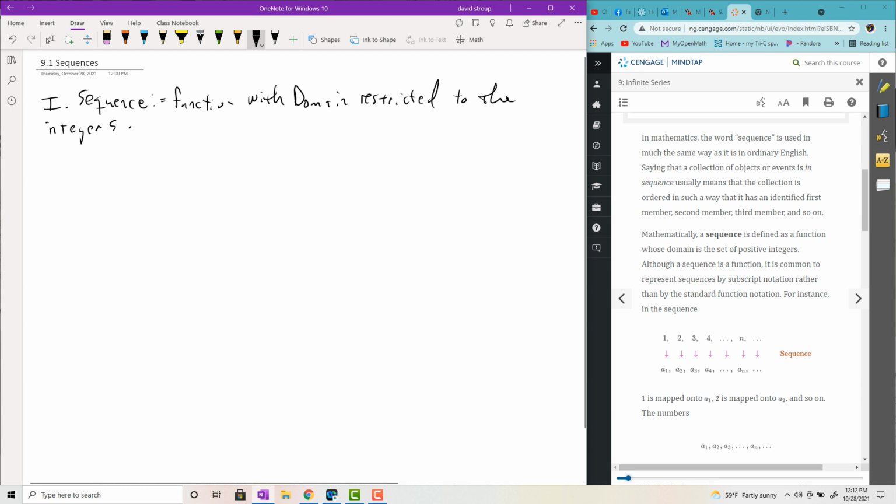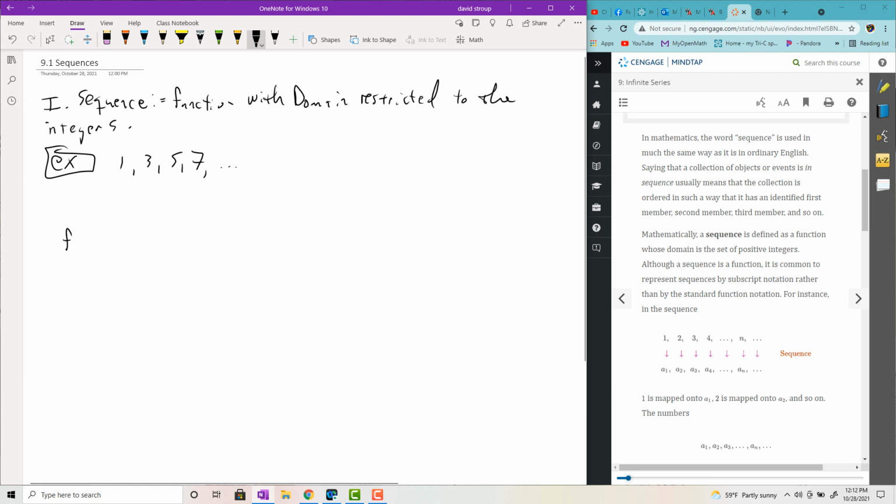For example, you've probably seen sequences like 1, 3, 5, 7, and so on, and it doesn't necessarily look like a function. This is the range of the function, these are the outputs. So what exactly would be the function in this case?